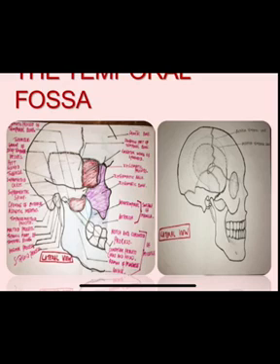Then you can see all the muscles that are attached to the temporalis muscle shown in the diagram on my left here. You can see all the attachments of the temporalis muscle shown there. Then the bony boundaries of the temporal fossa are also illustrated there. We'll talk about the boundaries of the temporal fossa shortly.